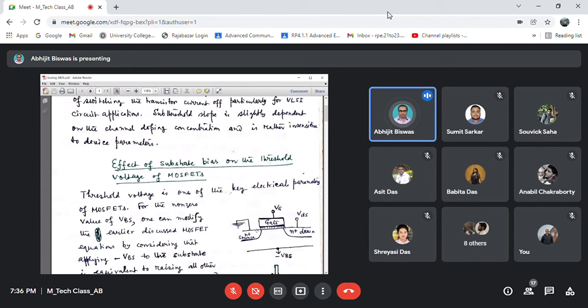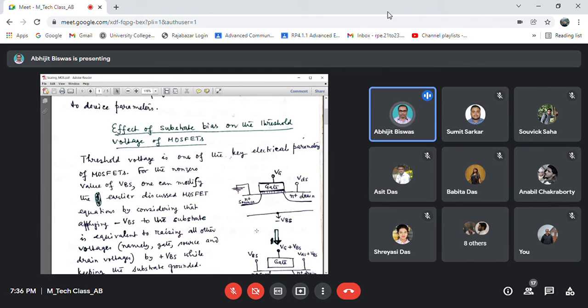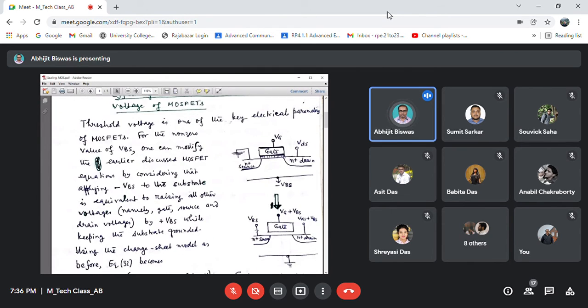Now we will see what the influence of substrate bias on the threshold voltage of a MOSFET is. You know that the threshold voltage is a very important electrical parameter pertaining to the MOSFET. This is the schematic cross-sectional view of the MOSFET.